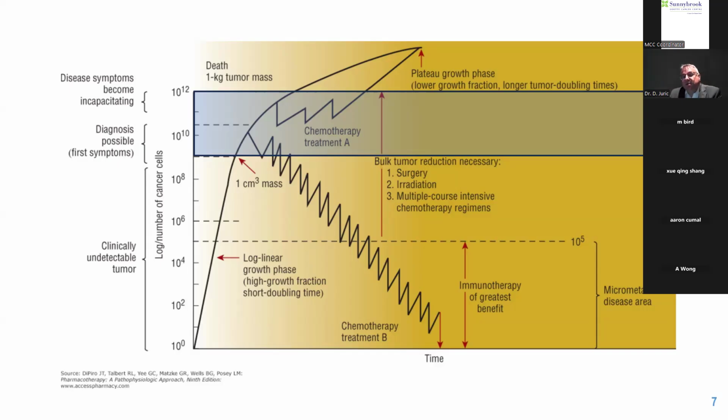Essentially, to be able to either palpate or clearly see something on the scan, we need approximately 10 to the 9 cells. From that point, 10 to the 9, to death of the patient, we have only 3 logs. Just 3 logs. 9 logs already happened.